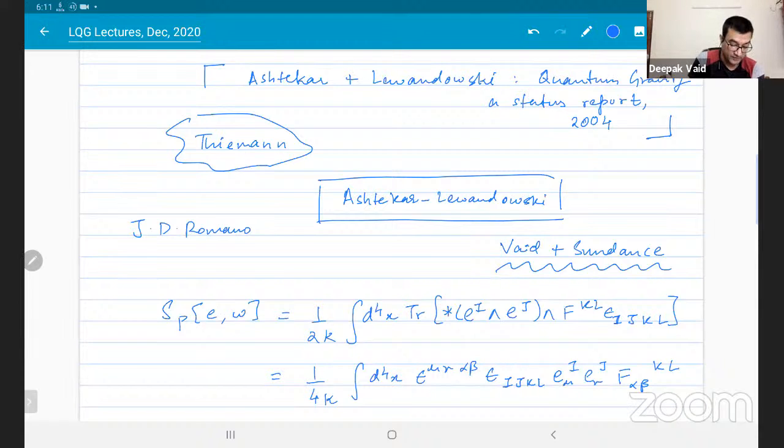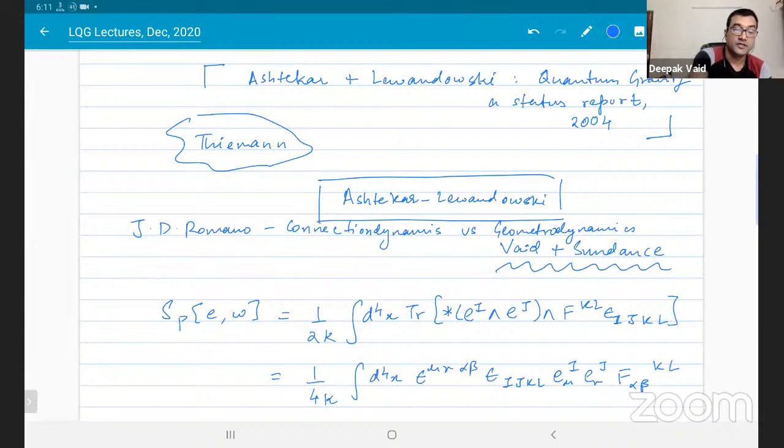Anyway, he has a very nice paper called Connection Dynamics versus Geometrodynamics. It's an old paper at this point, from 1993, so it's 27 years old, but it's a really good reference. It's on arXiv. He works out all of these details very nicely.